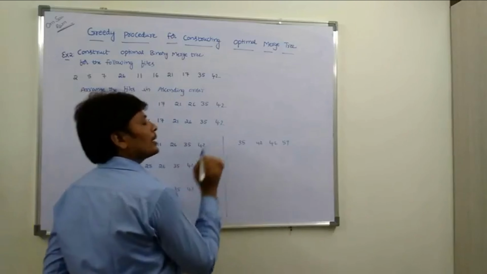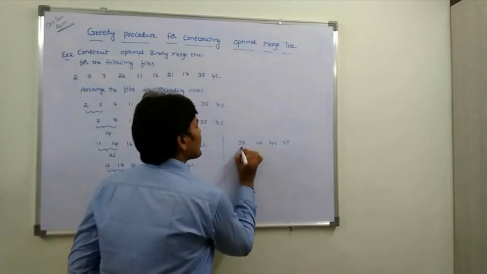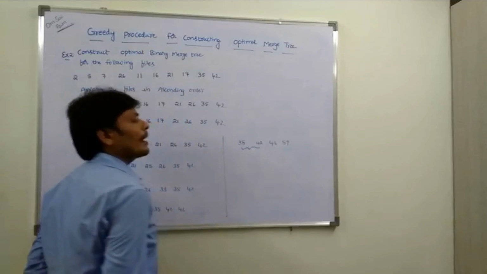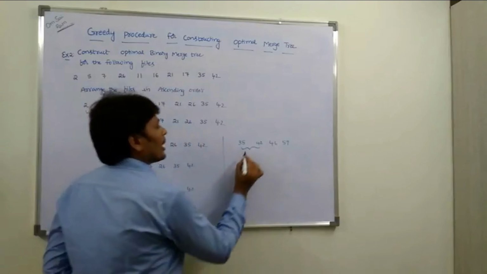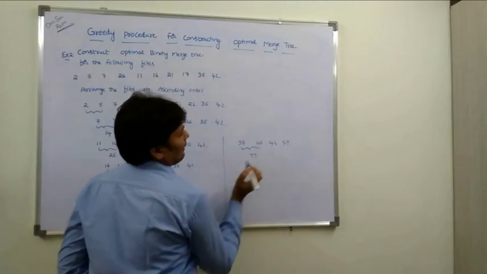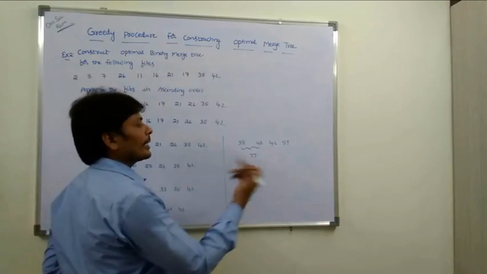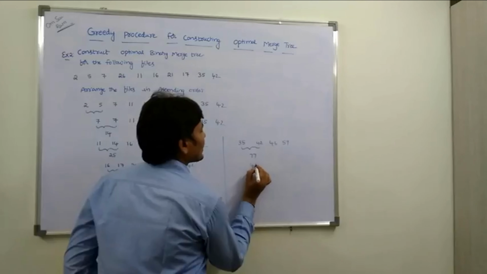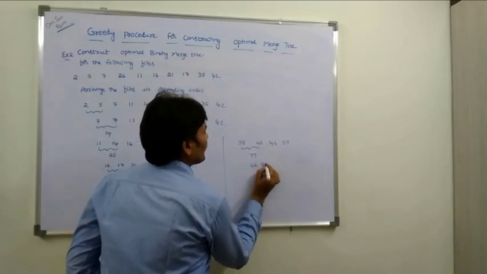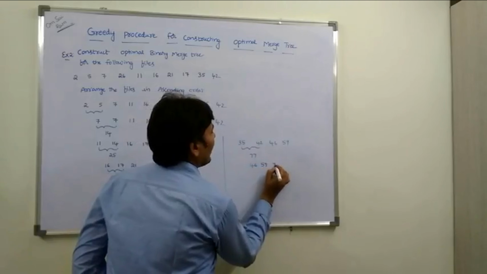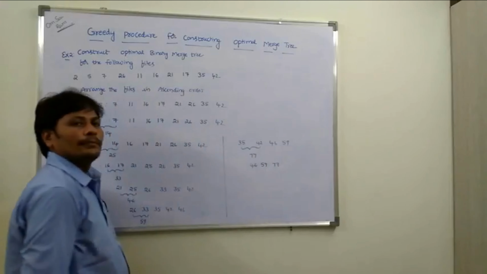Now we select the two smallest sized files, that is 35 and 42. Now we get 77. This merged value is inserted into the list at its correct position. So 46, 59 and 77.